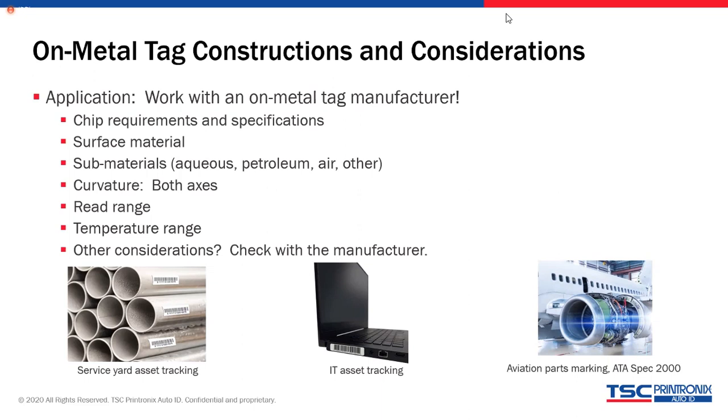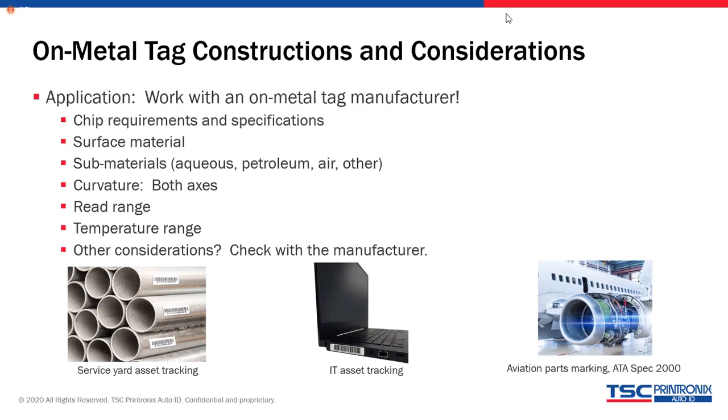If you look at the bottom left picture there, the service yard asset tracking, you can see some on-metal tags attached to some steel pipes. So they're going to have some curvature along the short dimension of the tag. You could also apply the tag rotated 90 degrees, but then you're going to have to check the curvature of the tag along that axis.